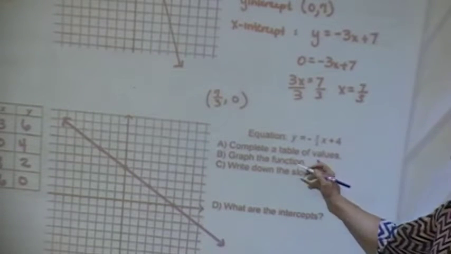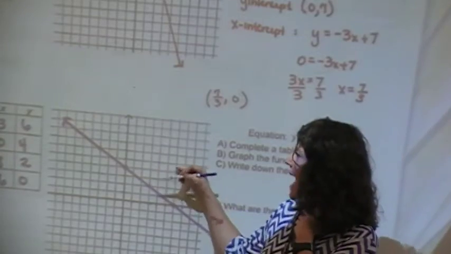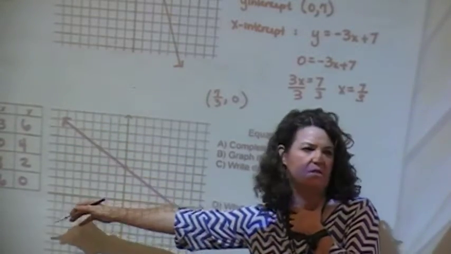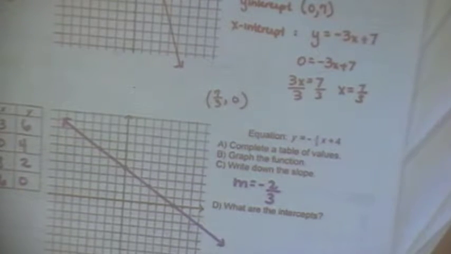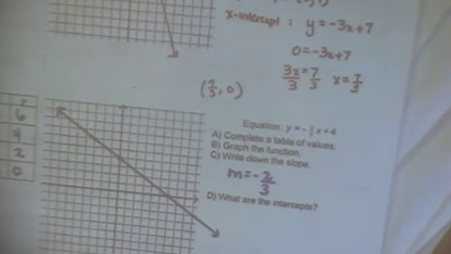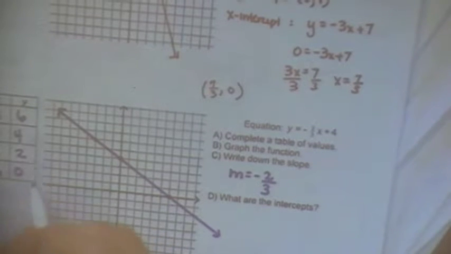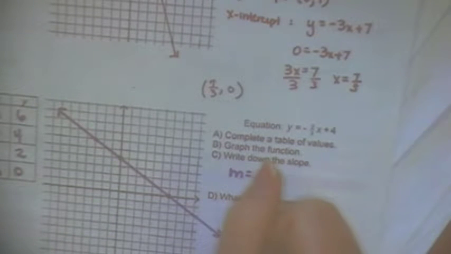Is everybody okay? Does anybody have any questions on how I graphed that? Okay, and while I was graphing it, I happened to get some points, so I went ahead and put them in my table. It asks me to write down the slope. This is the easiest one of all for that. Slope's right in the problem. It's negative 2/3. And the intercepts, well, when I found mine, I actually ended up with both intercepts in the table also.